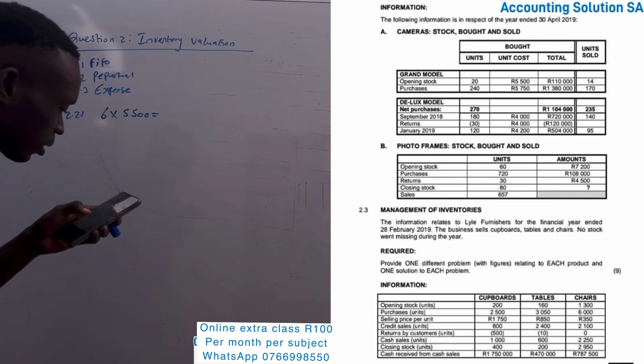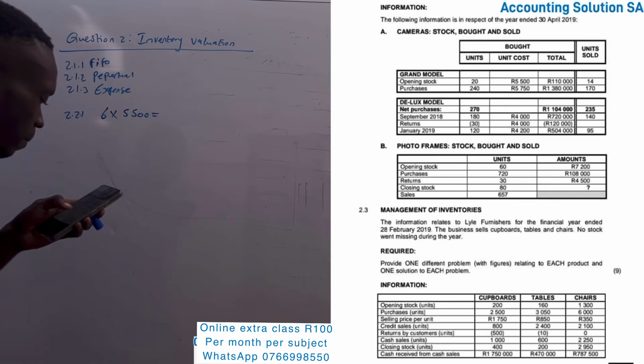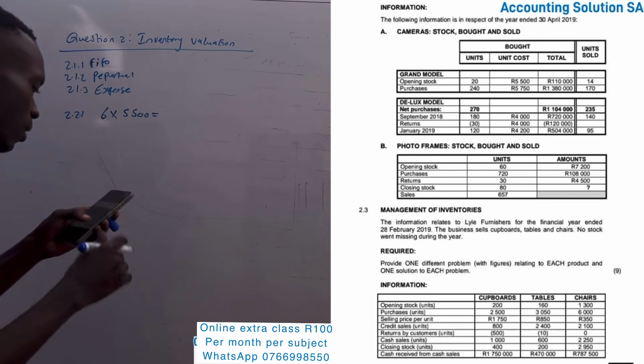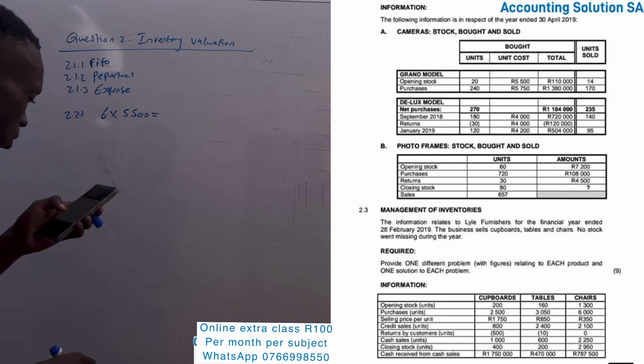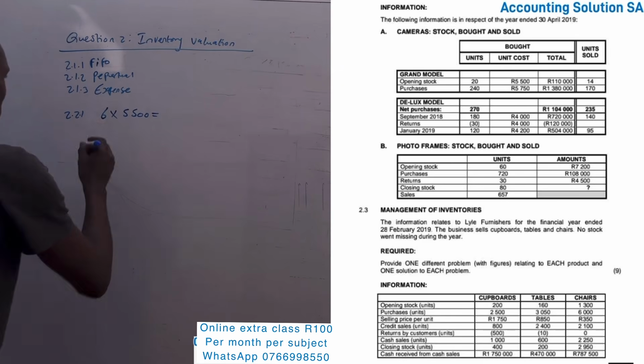Now let's check the second purchase. The second purchase was 240, and they sold 170. You just have to take 240 minus 170, which is going to give you, I think, 70. Let me confirm the calculation. 70.